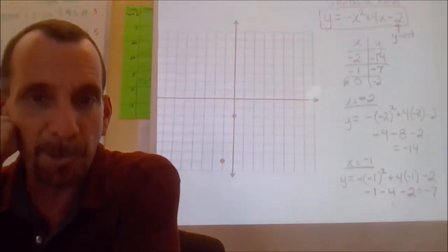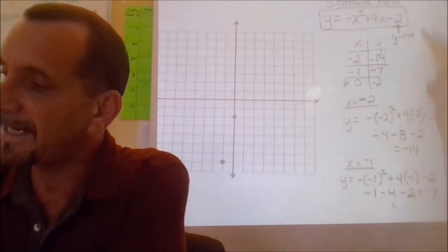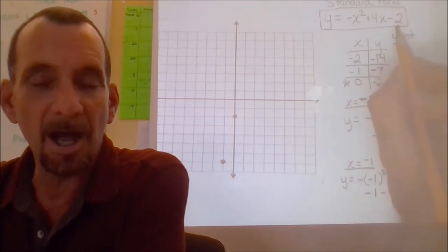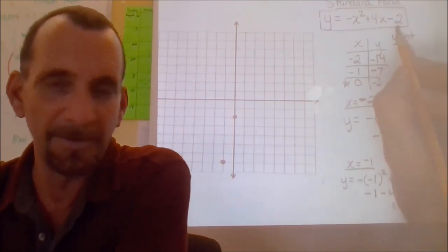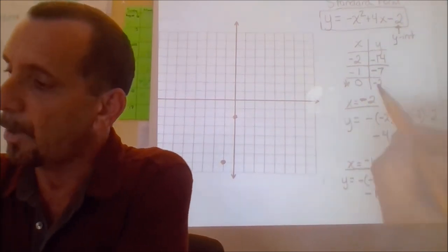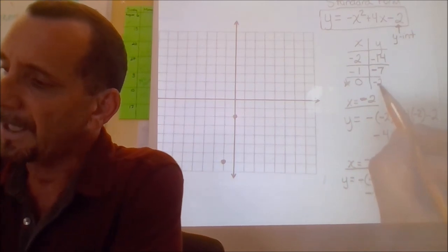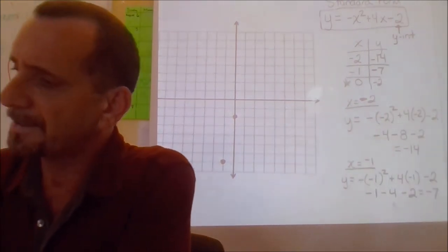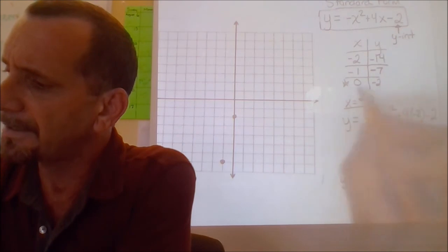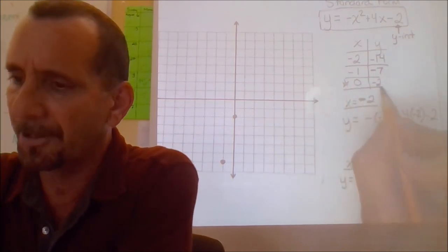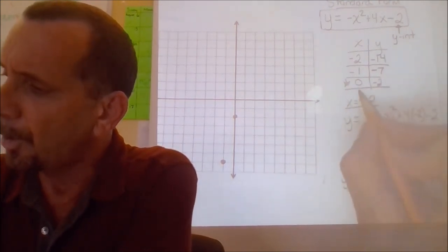That's a very important point because it's an easy one to get. It's the constant at the end of the equation. So y is negative 2. Now let's come on over here and let's just pick one more value. What if x were 1?